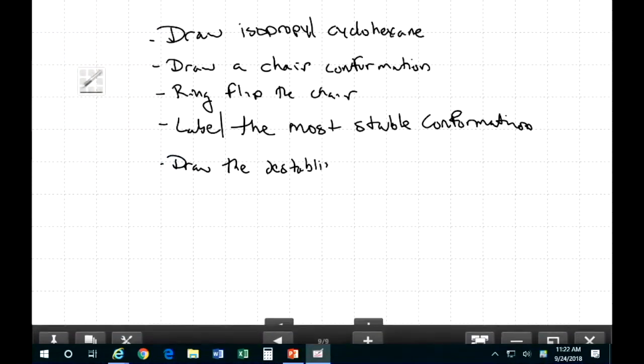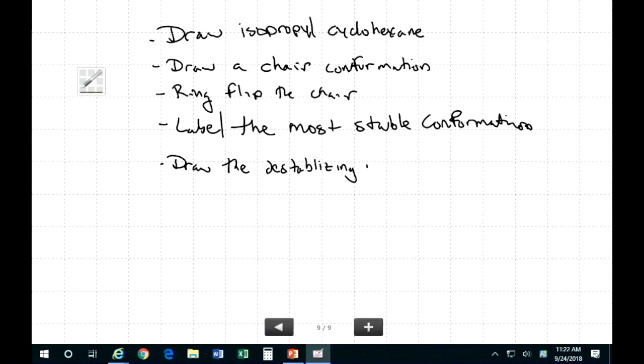Draw the destabilizing interactions on the least stable conformer. All right, so this is how a test question would look. I will wait because you can hit pause. Hit pause. You didn't hit pause, did you? Hit pause. The joke never gets old.